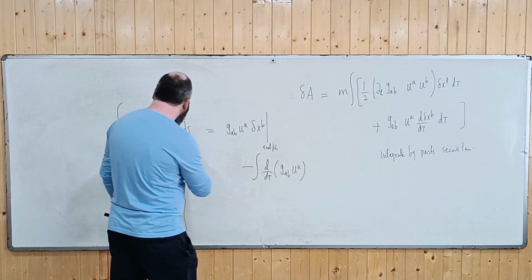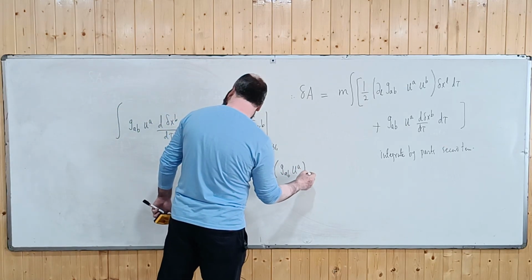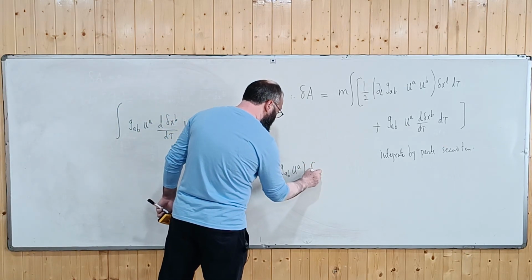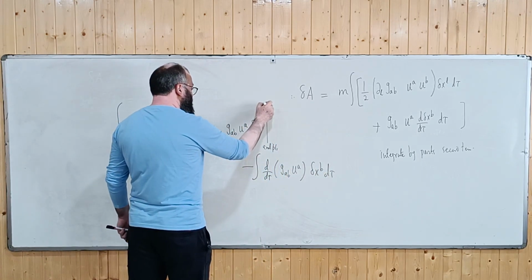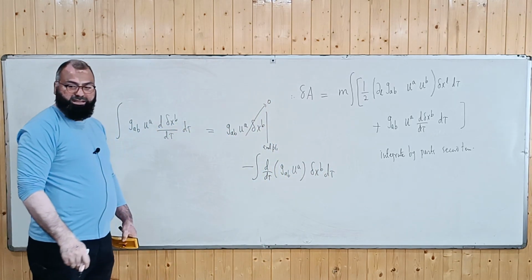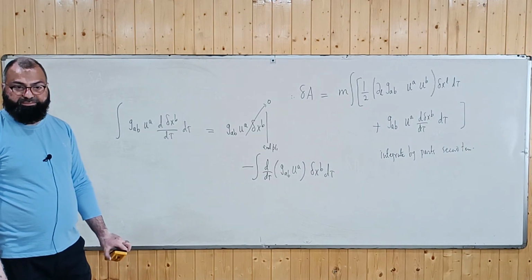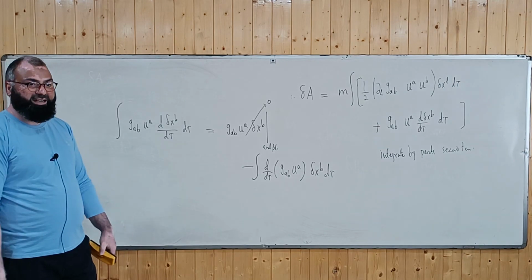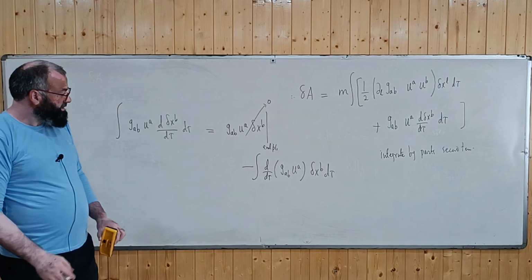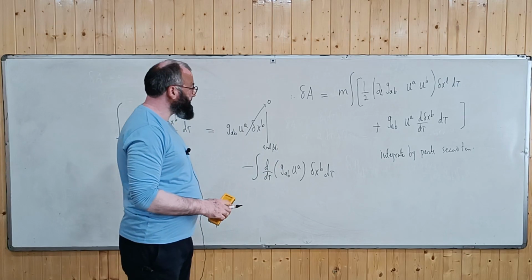Okay, integration of the second. So that will be simply delta xb beta. Understood? So this goes to 0 at endpoints because the variation at endpoints is fixed. Okay, so endpoints are fixed, there is no variation at endpoints. Clear? So now let's substitute it back in that equation.